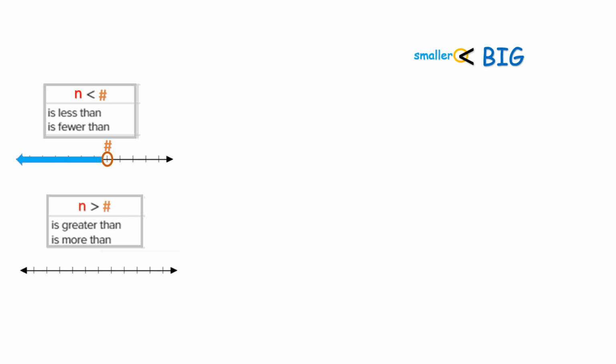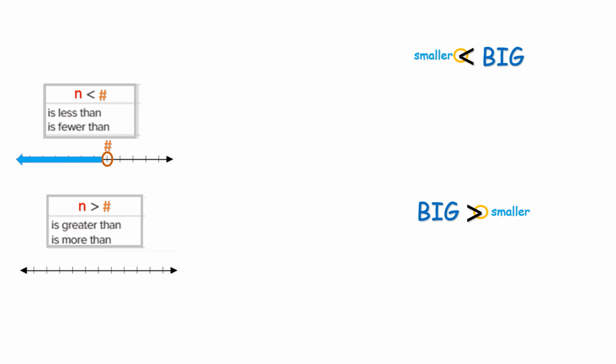In the same way, if my arrow is pointing at the number itself and my variable is greater than the number, the arrow always points to the smallest number. So my variable is the bigger number of all of them, and we know the bigger numbers always go to the right.